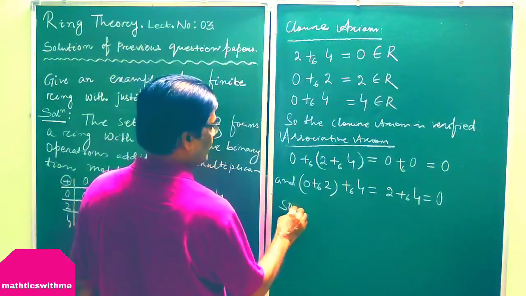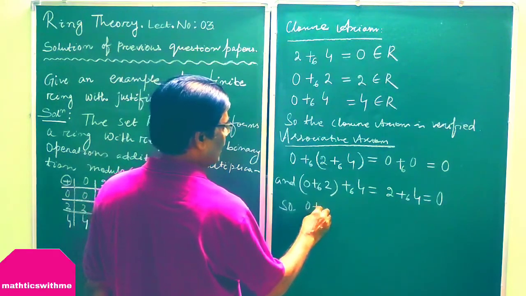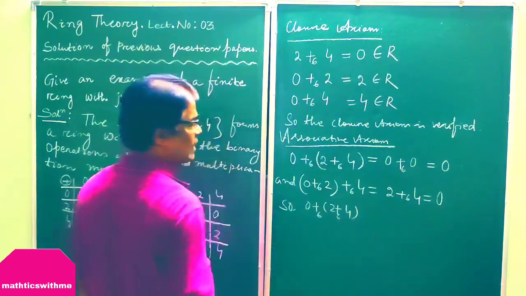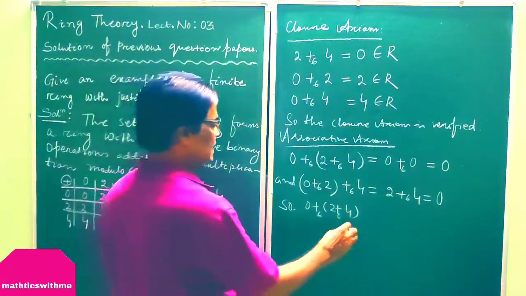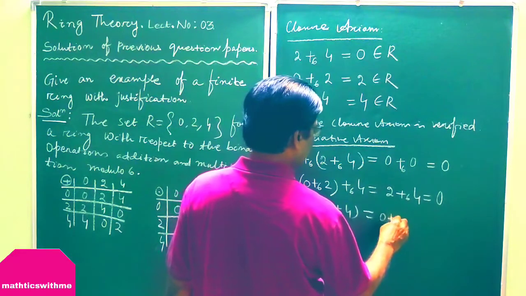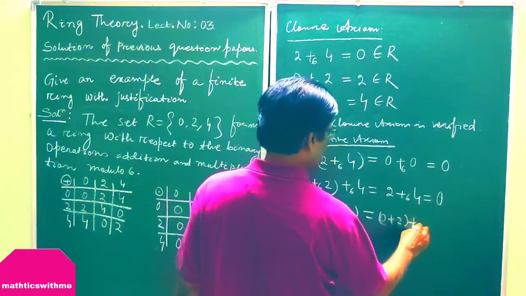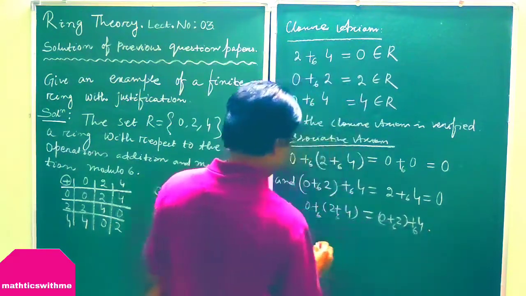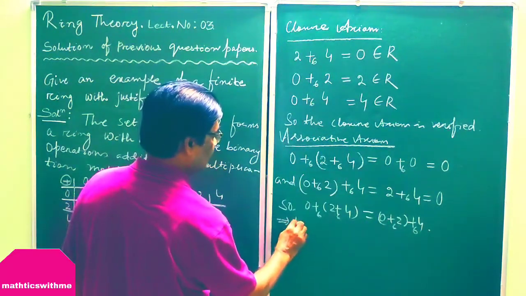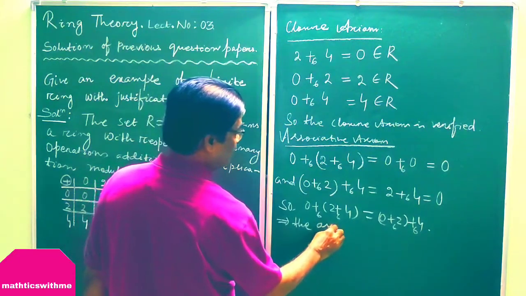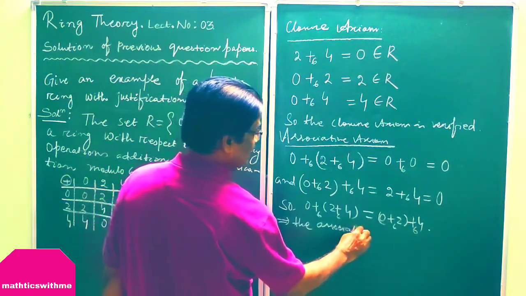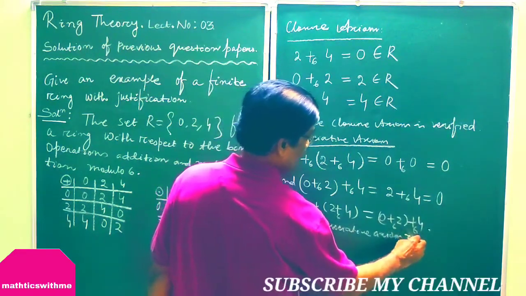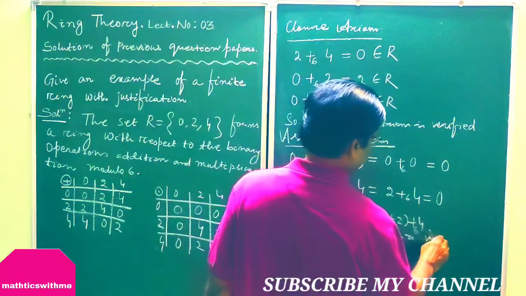So 0 plus (2 plus 4) under addition modulo 6 is equal to (0 plus 2) plus 4, which implies the associative axiom is verified.